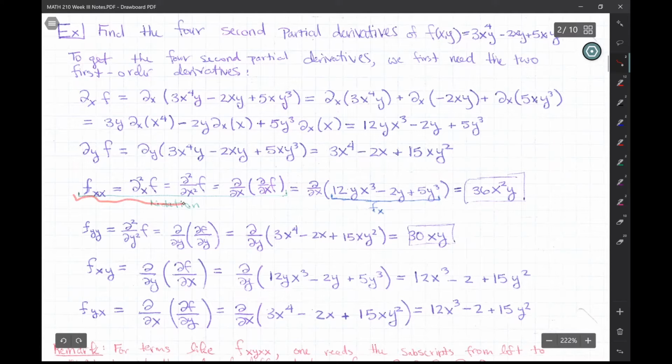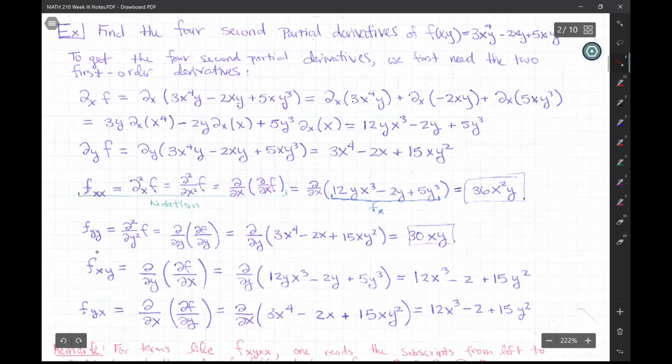So here this is all just notation, but this part is significant. We want to take the partial derivative with respect to x of what? Of the first partial derivative with respect to x. So what's going in here is f sub x. That's what goes in here, and then take another derivative with respect to x, and we get this term here.